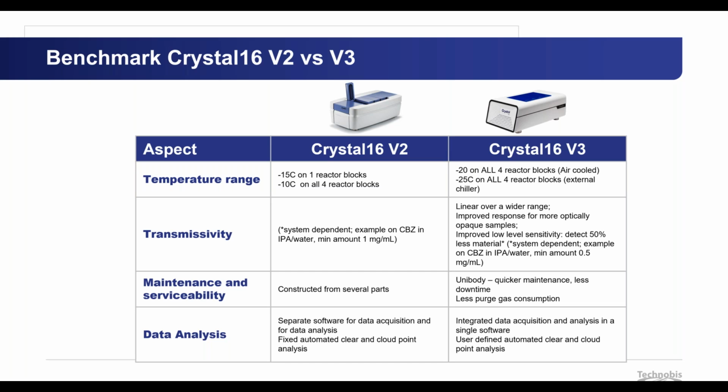And now with this Crystal16, we went as low as 0.5 milligrams. Quite some flexibility next to the software and the data analysis. With that said, I will stop this part and go into more science and applications of what you could do on the Crystal16 instrument.